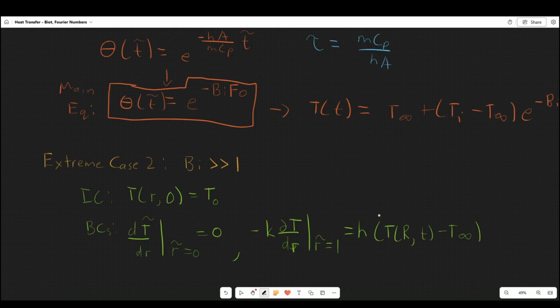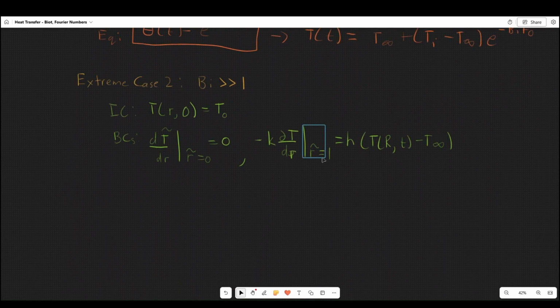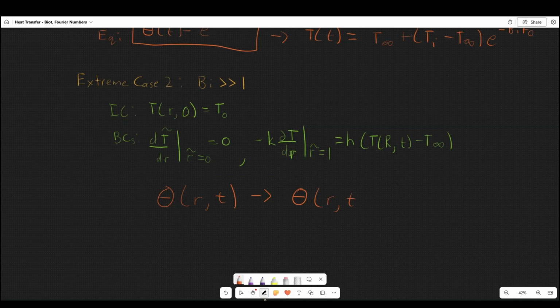And unfortunately, we can no longer say that theta is not a function of position. Remember, the first thing we did was plug in these boundary conditions and find that theta, which is a function of position and time, was actually not a function of position anymore. Well, we can't do that anymore. When we plug in these boundary conditions, we find that it's still a function of both of these.